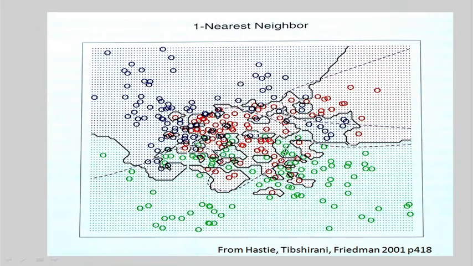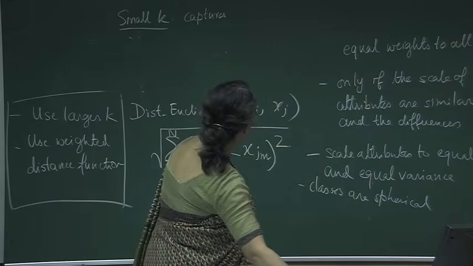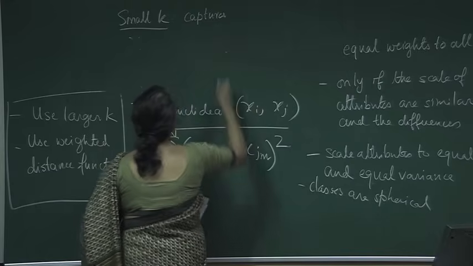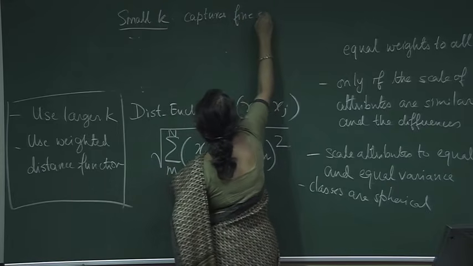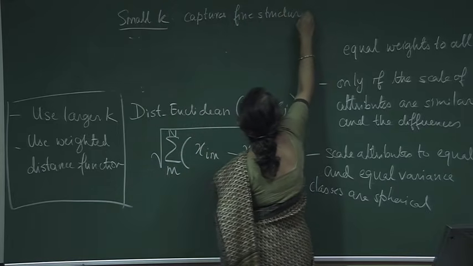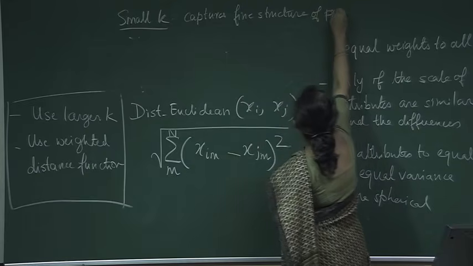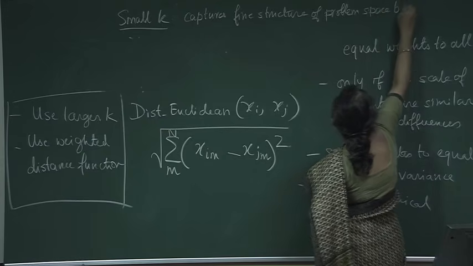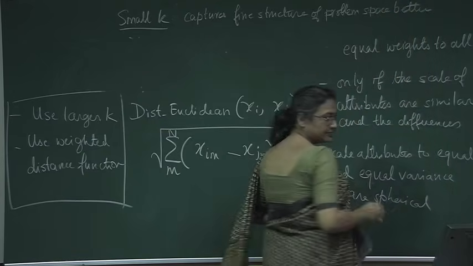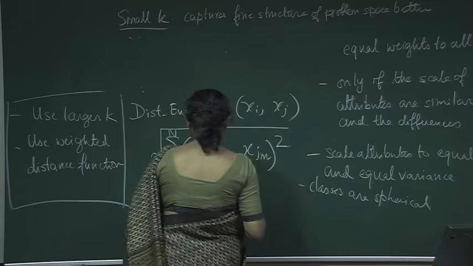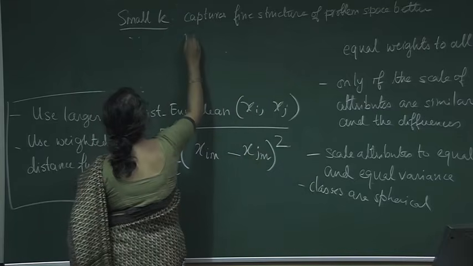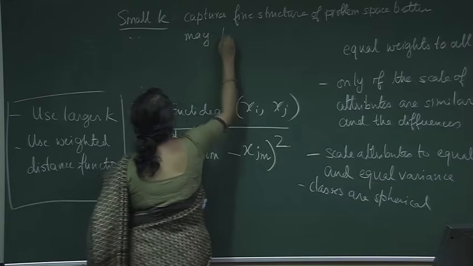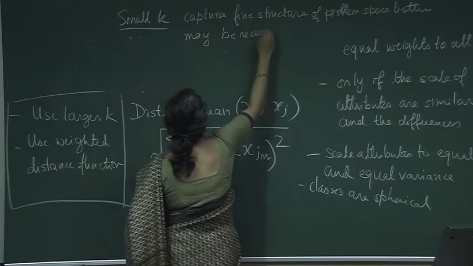So the fine differences between the classes are captured when k is small. Small k captures fine structure of the problem space better, if such fine structures exist. And this may be necessary if the training set is small.